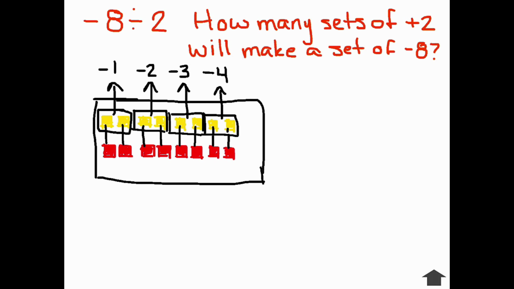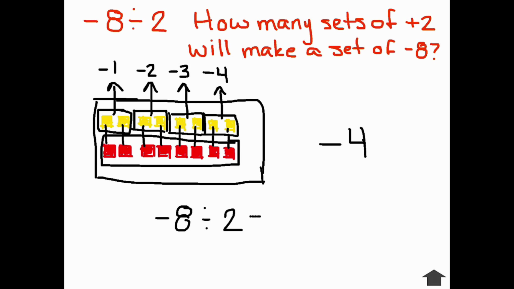By removing or subtracting 4 sets, I was able to get the set of negative 8 that I was shooting for in my original expression. So my result, negative 8 divided by 2 equals negative 4. Because I removed the 4 sets, it's taking them away, it's negative, so my answer is negative.